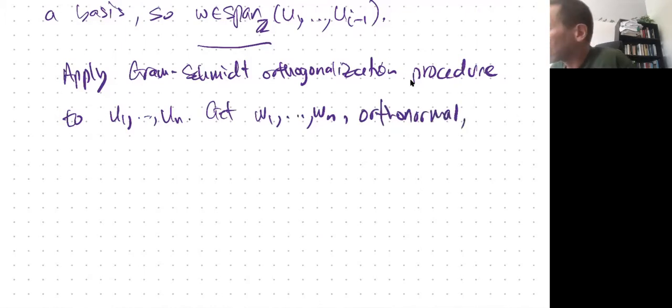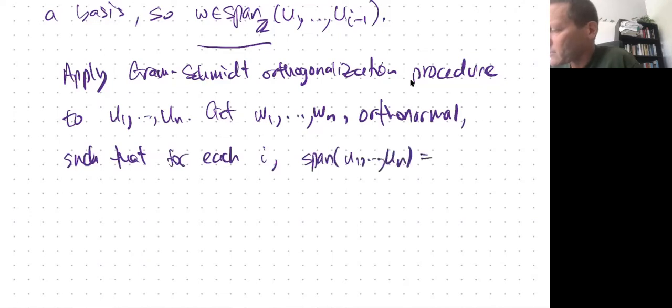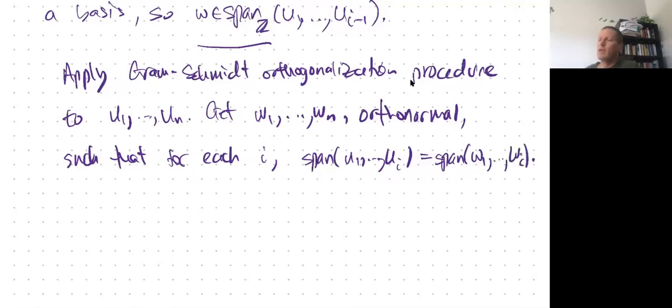And they're a basis of Rn, such that for each i, the span of U1 up to Ui is the span of W1 up to Wi. This is what Gram-Schmidt buys you.